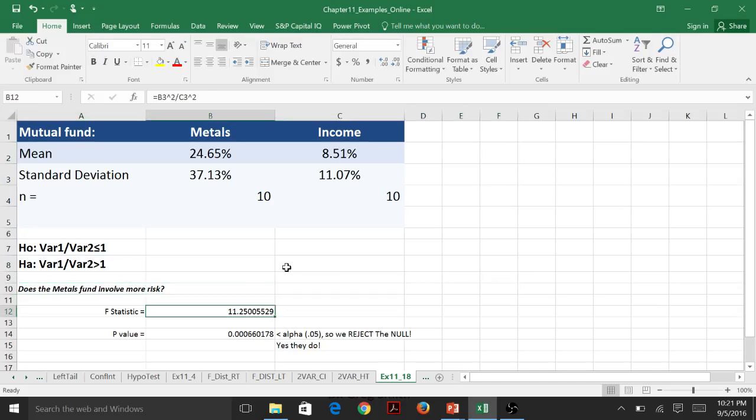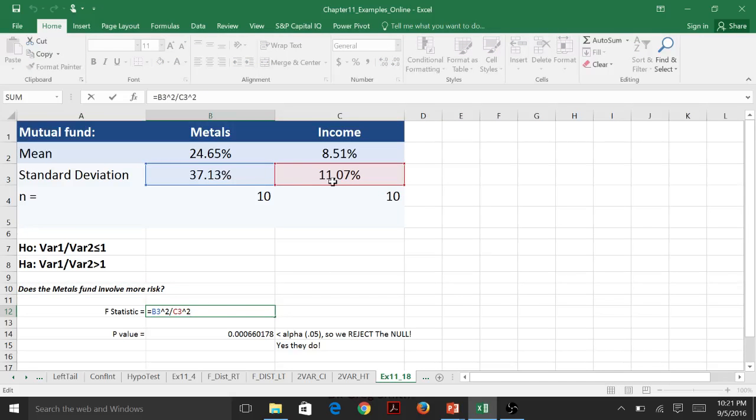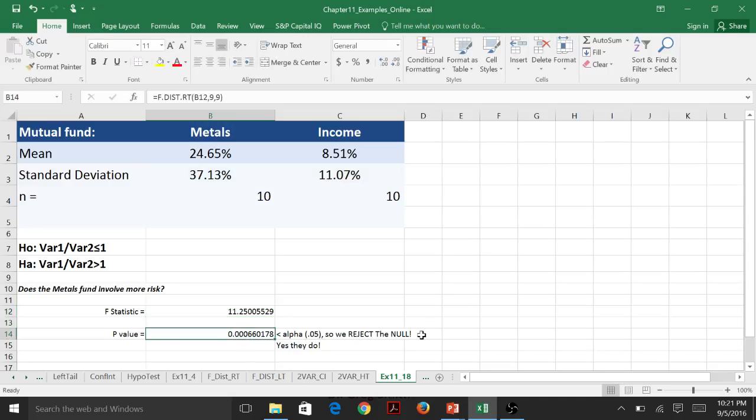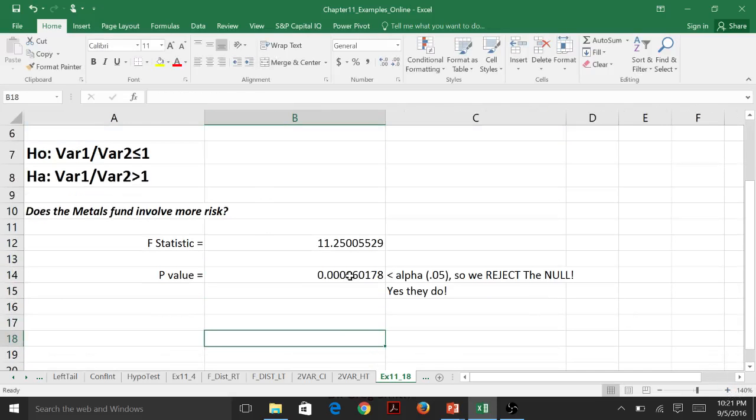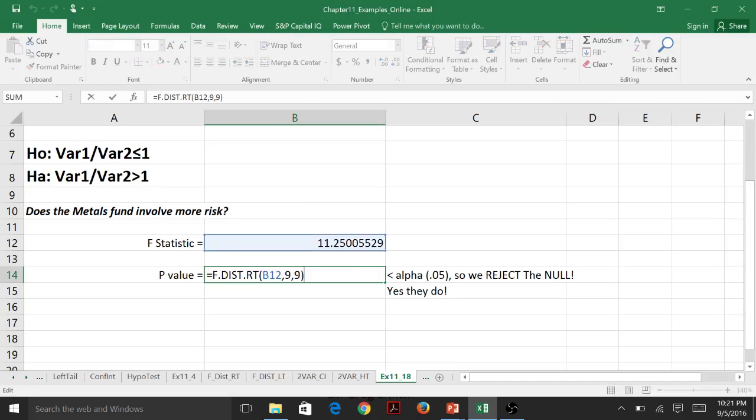Here is our statistic. I'm going to square metals over squared income. But now, let me blow this up a little bit again so you can see it. Sometimes Excel kind of backs down. In this case, I'm going to do FDIST, because we want to find a p-value. And I want to do a right-tailed test.